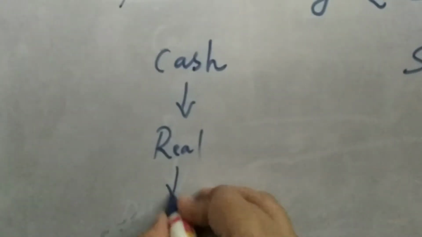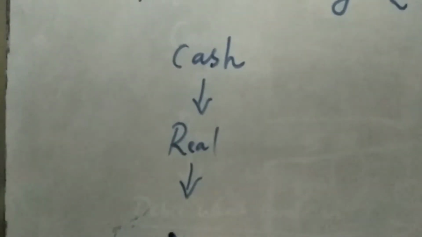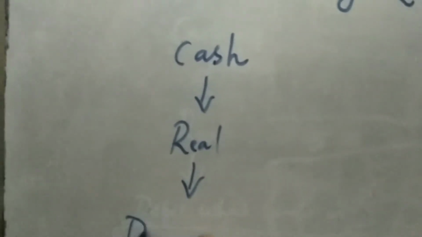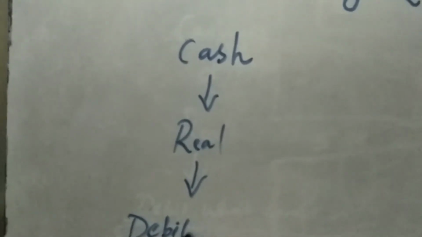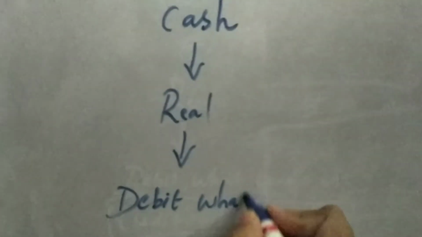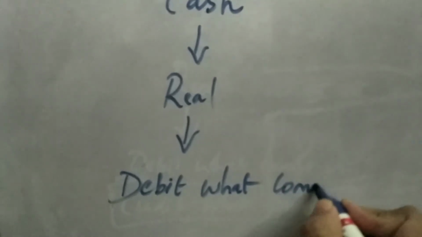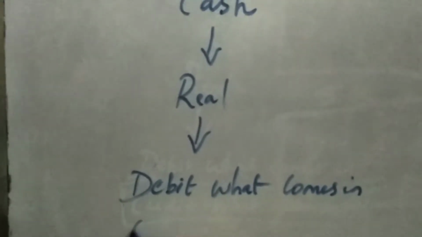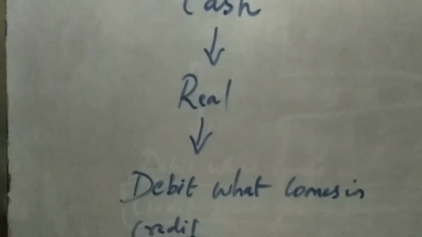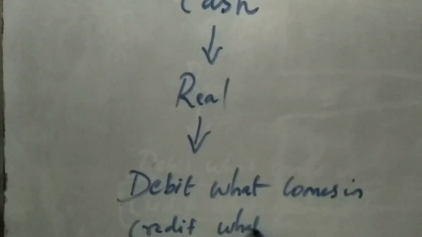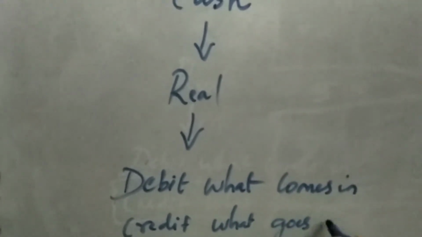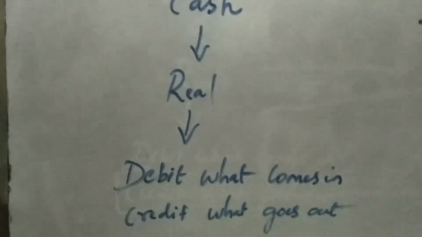So what is the rule for real account? Debit what comes in, credit what goes out.